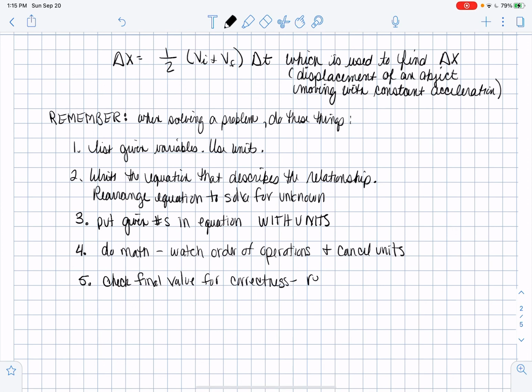Is it reasonable? Did the units work out? You wanted the units to cancel to give you the unit that you hoped for in your answer.